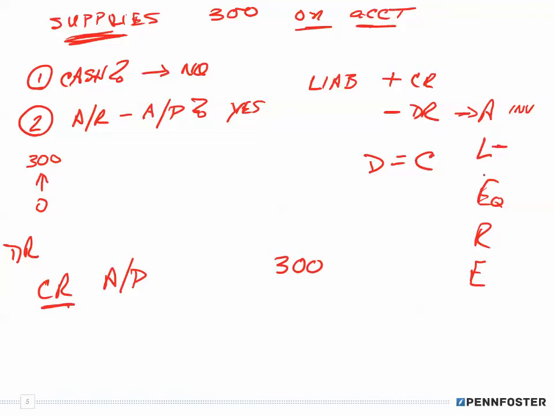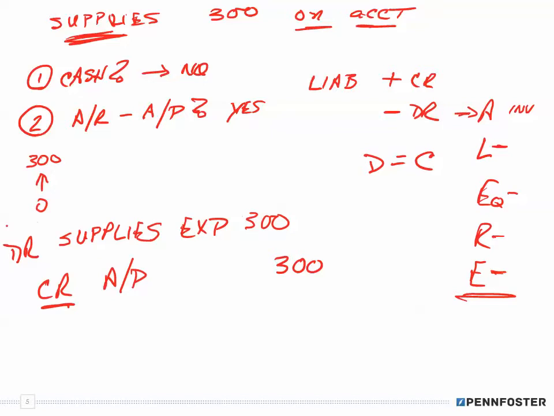Is it a liability? No, we don't owe supplies, and it's not equity because supplies aren't an investment in the business, and it's not revenue because we didn't make a sale, so it has to be an expense account. All we need to do is look under our expense accounts and choose the correct account, which might be supplies expense for $300.